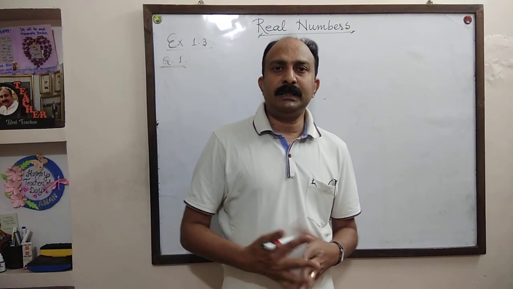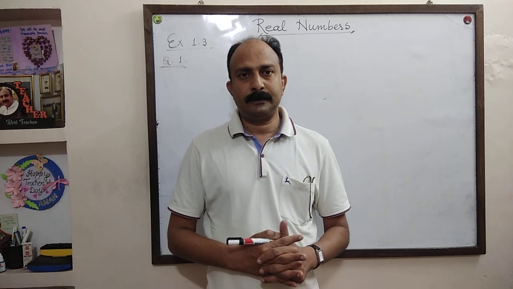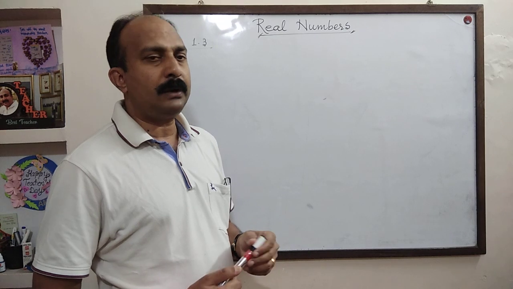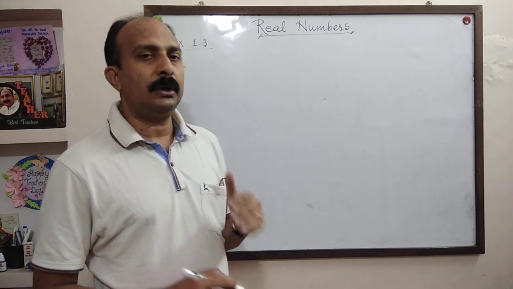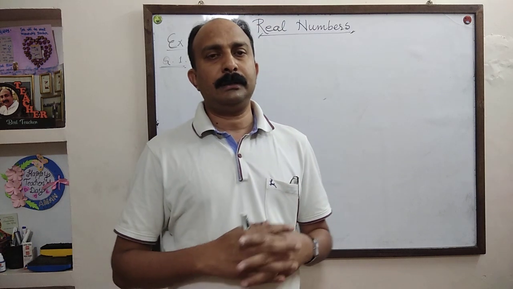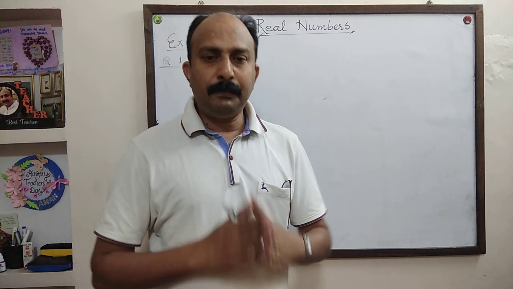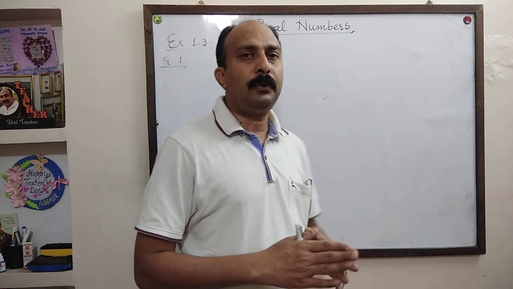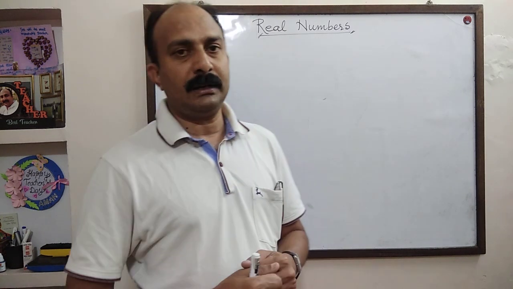There are different methods of proofs in mathematics. One method that we are going to use here to prove that root 5 is irrational is called the contradictory method. What is this contradictory method? We have to prove here root 5 is irrational.